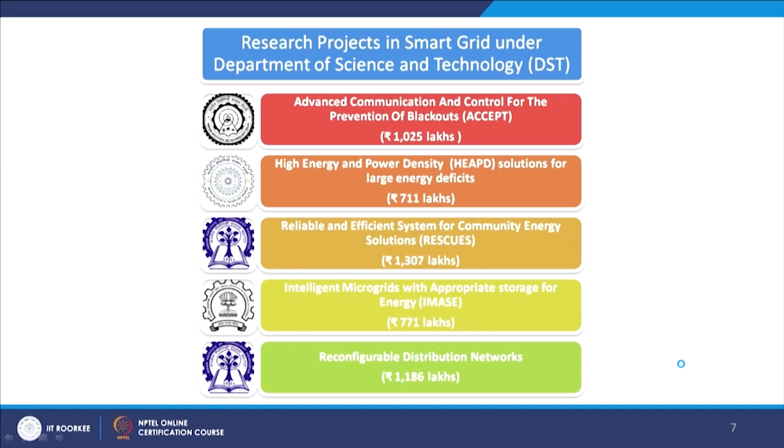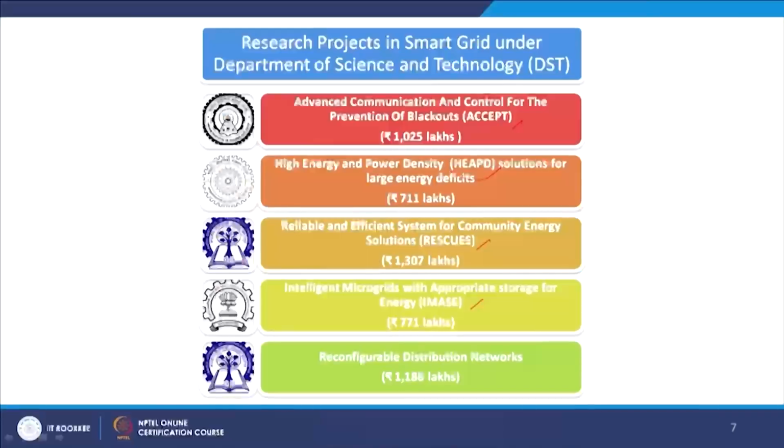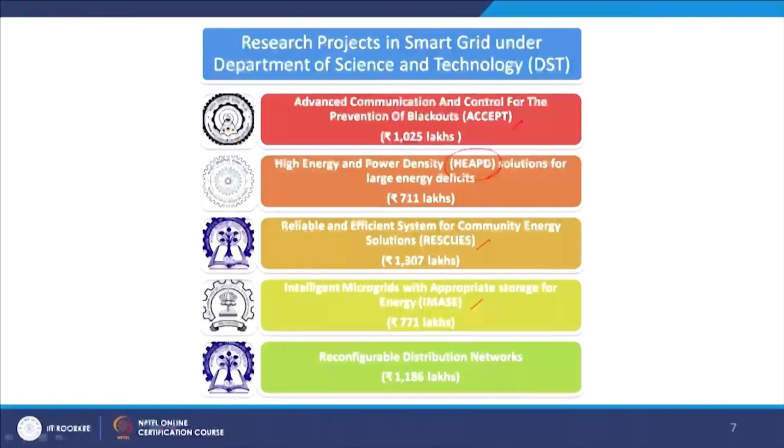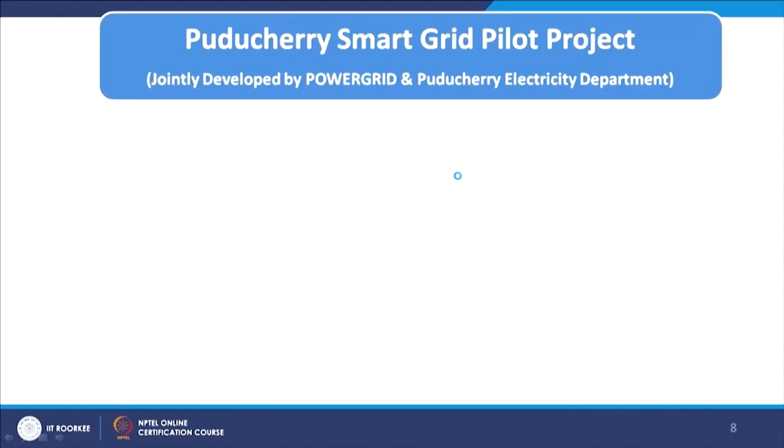The first one is ACCEPT, HEPAD, RESCUE, IMES and Reconfigurable Distribution Networks, led by different IITs. One of the projects, HEPAD, is led by the Indian Institute of Technology, Roorkee. All the analysis that I have shared with you is the outcome of the HEPAD project and the support that we have received from the Government of India, Department of Science and Technology.